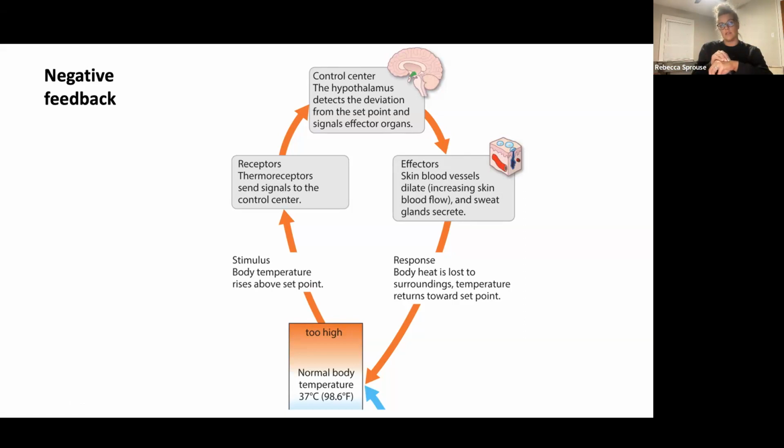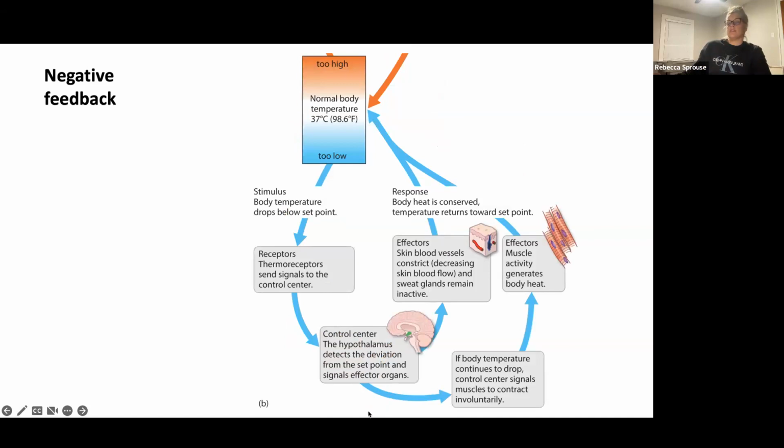When that liquid evaporates, it causes a natural cooling sensation and can cool down the body. Hopefully with those things in place, our body temperature can come back down to the normal 98.6. What about the opposite? Let's say that we're too cold.